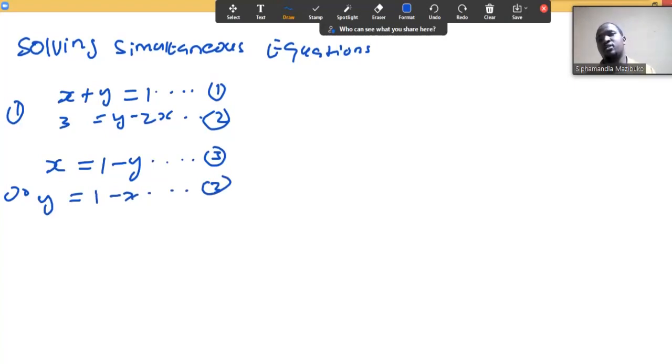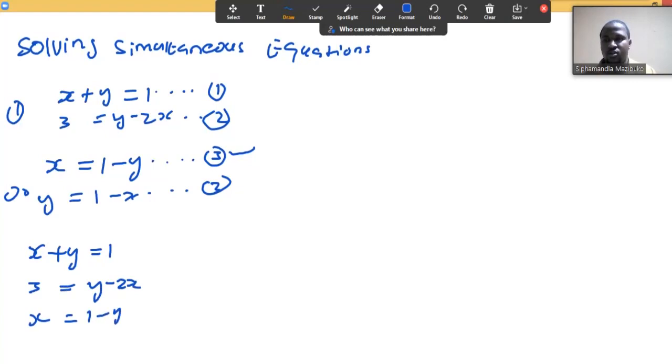Let's say I choose to work with this first one. This means I will now have 3 equations. I will have x plus y equal to 1, I will have 3 equal to y minus 2x, and I will have x equal to 1 minus y. So this is equation 1, this is equation 2, and this is equation 3.